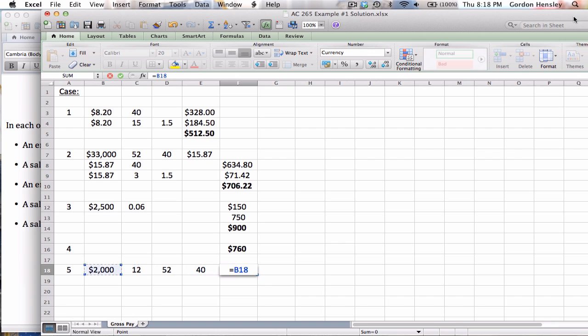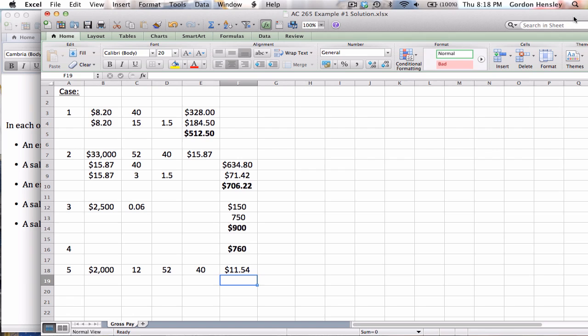So I'm going to have to take the $2,000 each month, multiply that by 12 months in the year, divide that by 52 weeks, and divide that by 40 hours in a week. So I have to do all that manipulation to get that into the proper format.